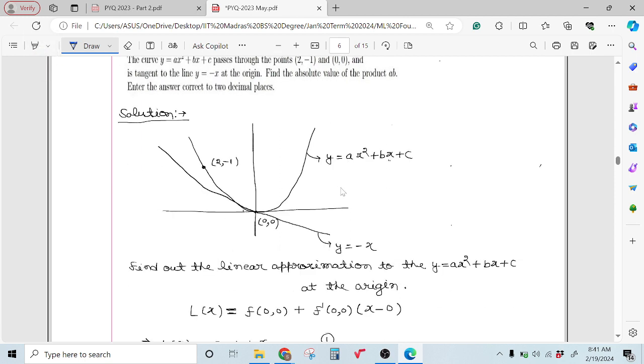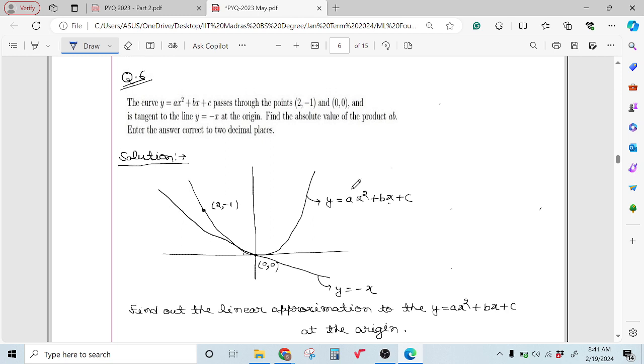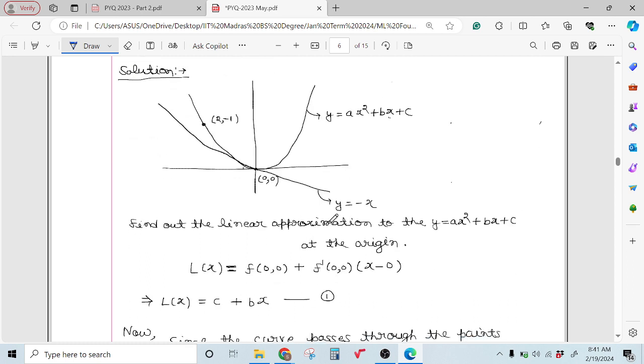So we will roughly draw the quadratic curve, and draw a tangent to the line y is equal to minus x at the origin. This is the equation y is equal to minus x, at 0 comma 0. So find out the linear approximation to the curve at the origin.